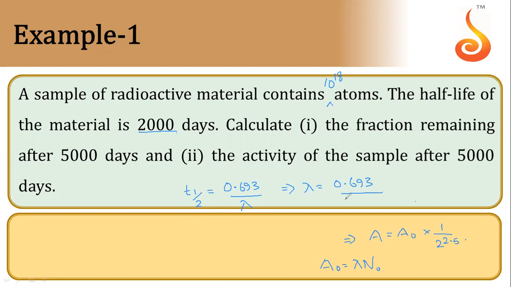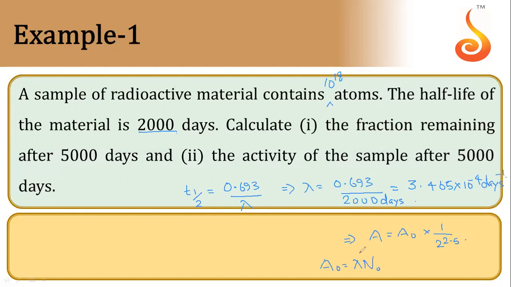This will give you the value of lambda, which will be 3.465 into 10 raised to power minus 4. Since we have substituted the half-life in terms of days, the unit of lambda will be days inverse.